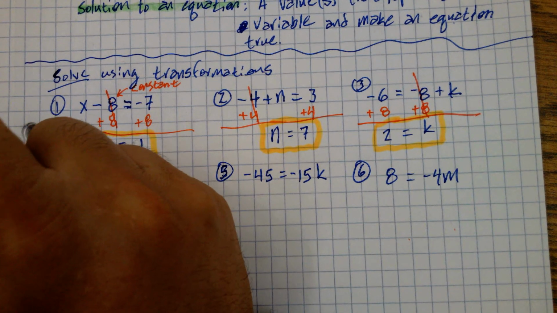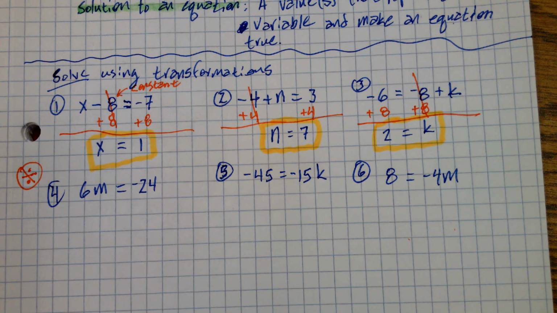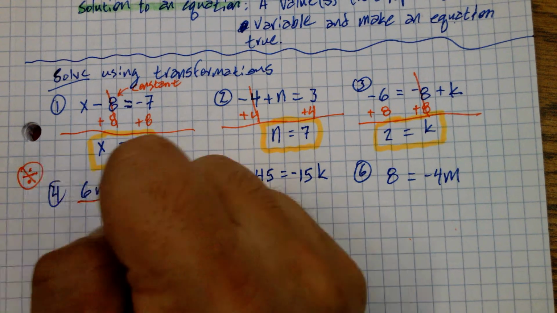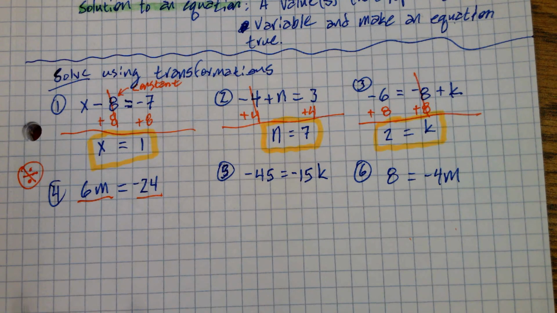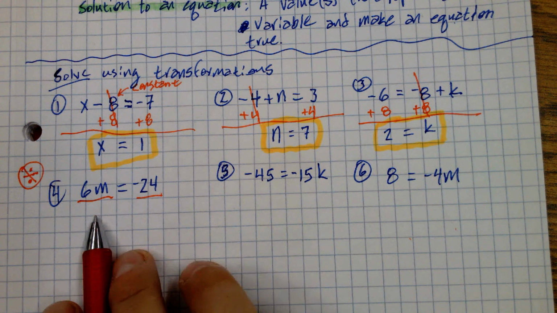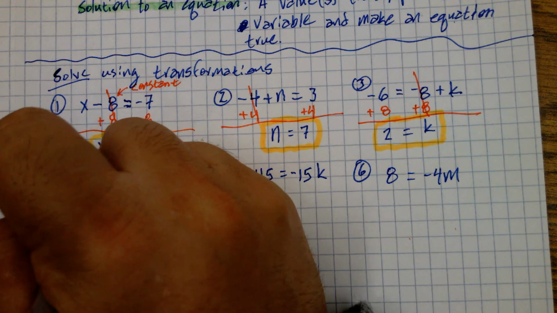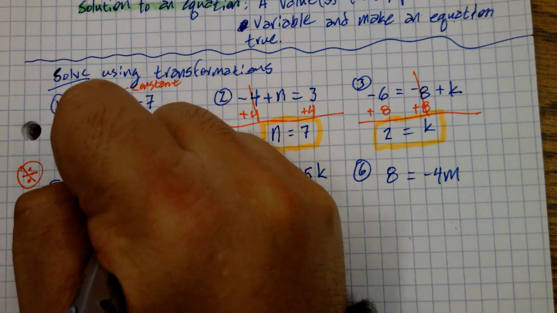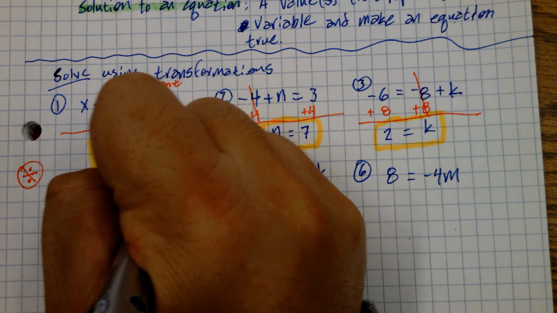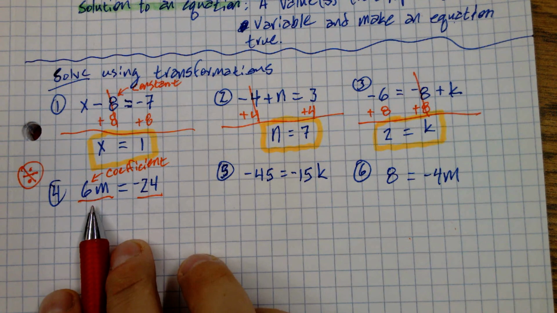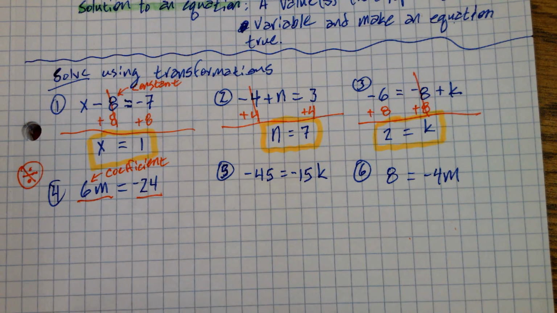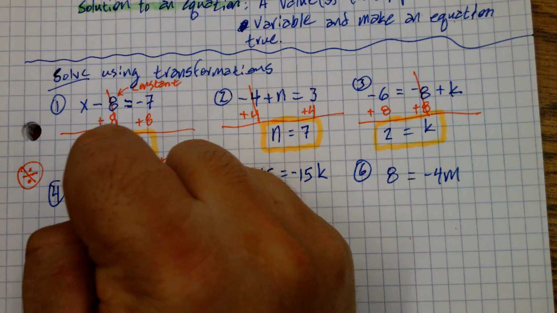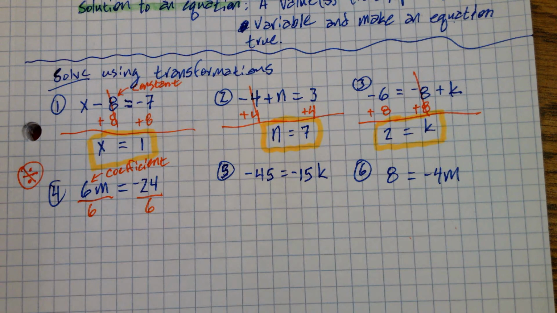We do the slash for division, like the fraction bar. And what should I divide by? 6. Whatever the coefficient is, this is known as a coefficient. So my coefficient is 6. That's the number multiplying with the variable. Divide by 6.